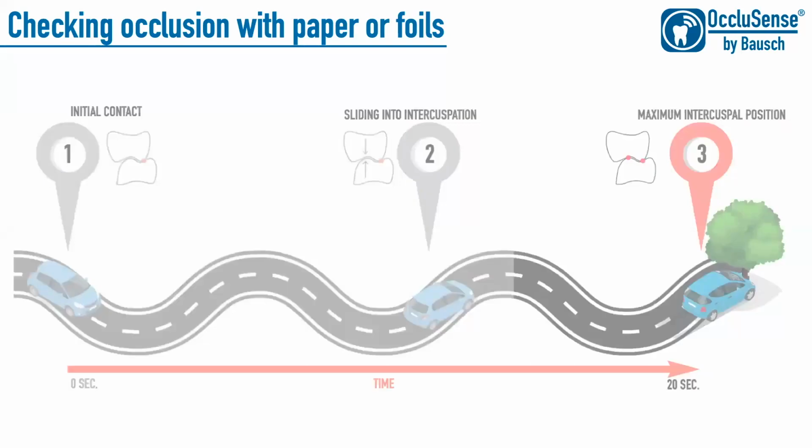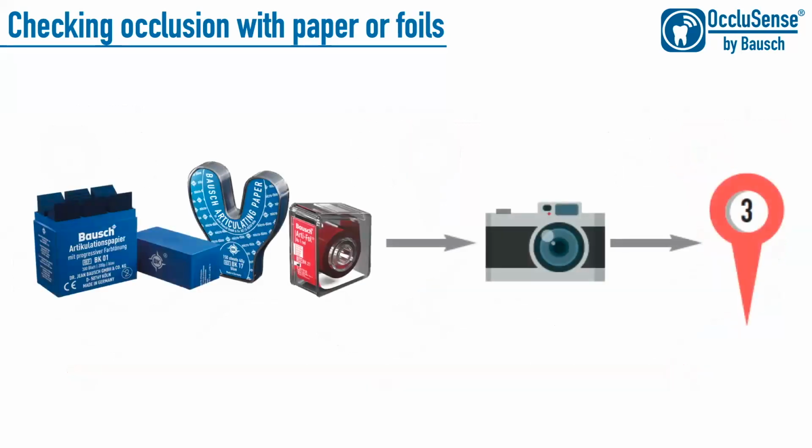And in this scenario, when you're using occlusion foil as a control measurement on your patient, you will only be able to see what is happening at point 3. So you have a snapshot of one single moment in time.